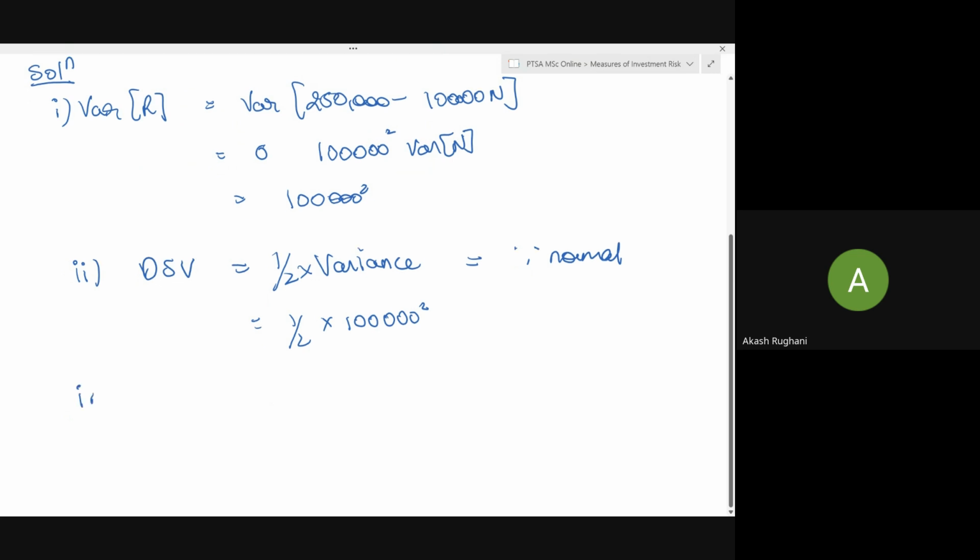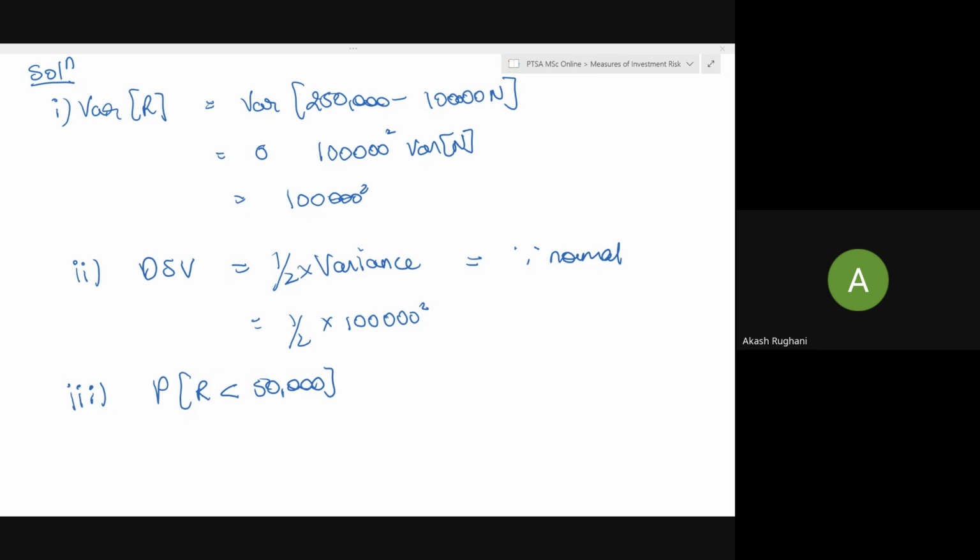Kaustubh, the third one: probability of loss, the probability of R taking a value less than 50,000. Kaustubh? Yes, sir.